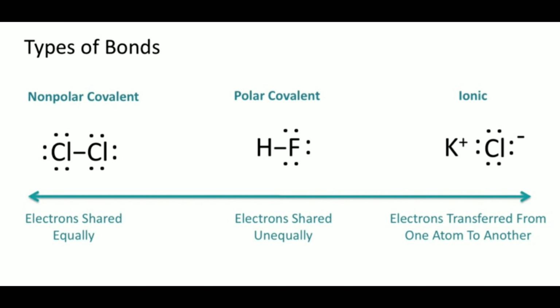So you can see that in a nonpolar bond, both sides of the bond are identical. But in a polar covalent bond, represented here with hydrogen and fluorine, both sides are not identical, and the more electronegative element, in this case fluorine, will attract the shared electrons more frequently. In an ionic bond, electrons will be transferred from the metal to the nonmetal.